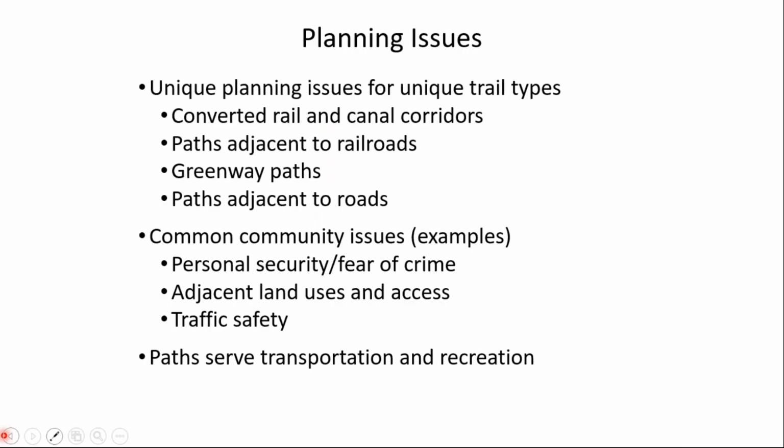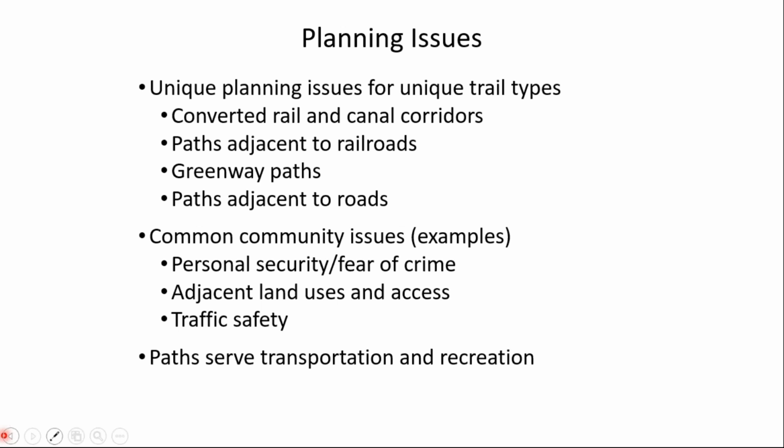There are a number of planning issues. These are going to probably be unique to the different trail types, whether it's a rail with trail versus a rail trail on a converted railroad right-of-way, or whether there's a historic canal next to it versus paths adjacent to roads. We talked about the intersection issue a little while ago. Some of the common community issues are personal security, fear of crime.